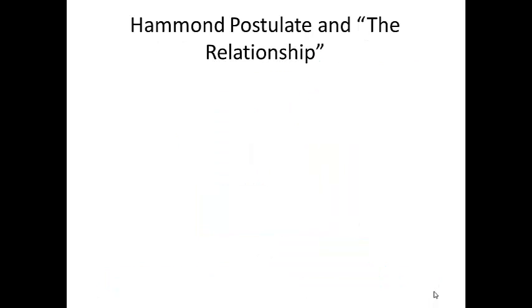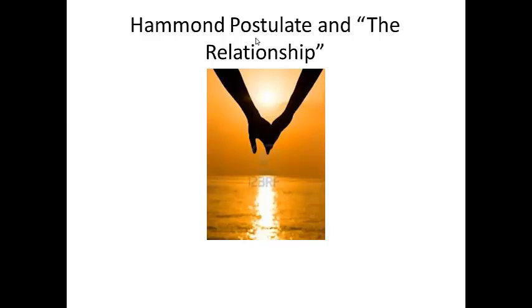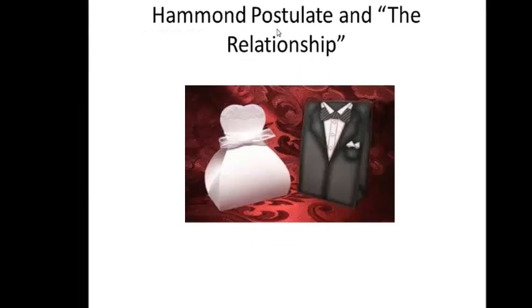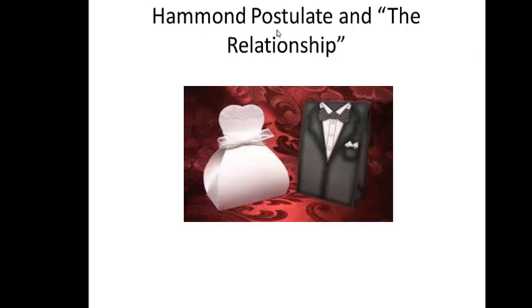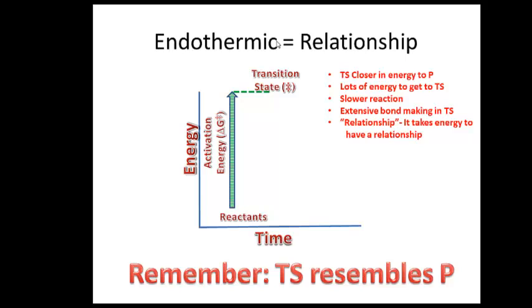All right, so let's make this clearer. So the Hammond postulate as it relates to a relationship. So let's say that you meet someone, you date, you hold hands, you get to know one another. Eventually, maybe you get married, and there's a much deeper connection there, right? That's what happens in an endothermic reaction.